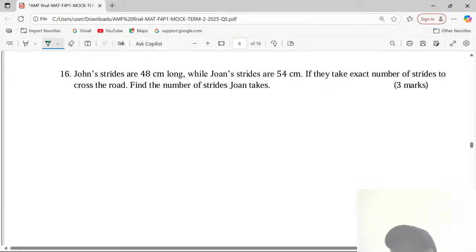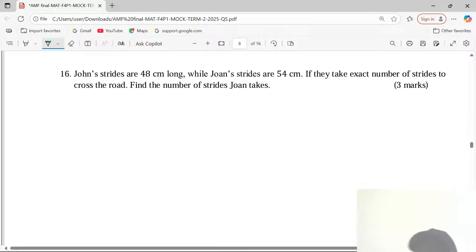We should look at a number which can be divided by both 48 and 54 without a remainder, because they are taking an exact number of times. Therefore, this particular multiple of both 48 and 54 is going to be the width of the road that they are crossing.